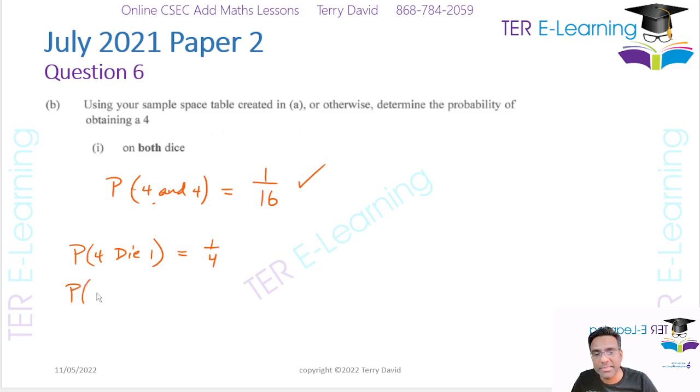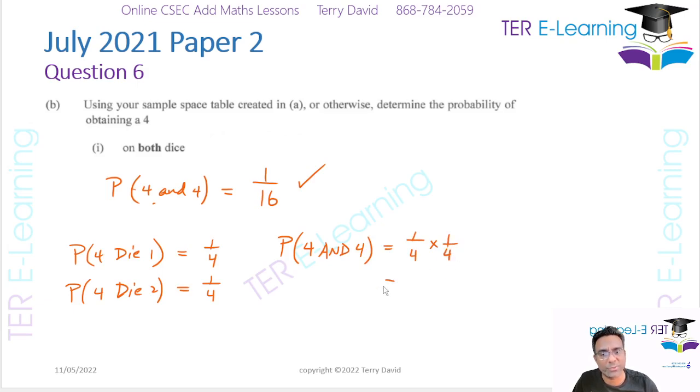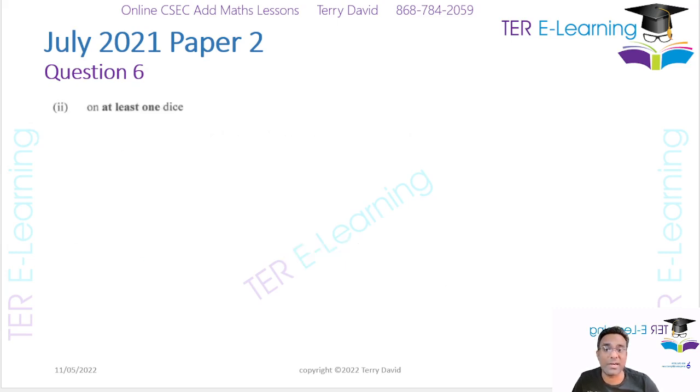The probability of getting a 4 on die 2 is equal to the same, a quarter. So if you want the probability of a 4 and a 4, you need to get a 4 on both dice. It'll be a quarter multiplied by a quarter, which is 1 over 16. So you can use the sample space, or you can do a calculation like this. So that's a 4 on both.